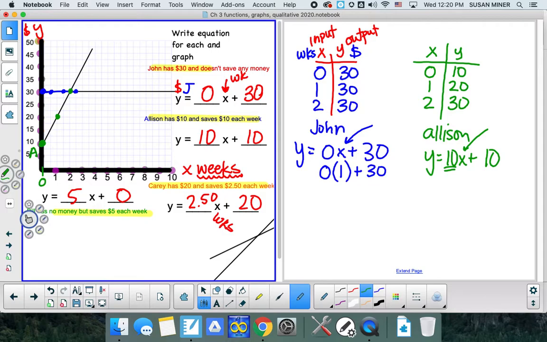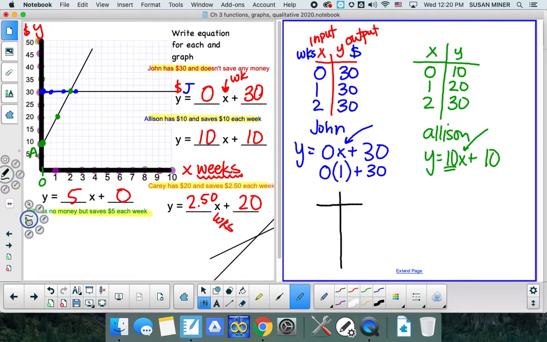All right, and then we want to do the same thing for Carrie. Here's Carrie's XY table. This will be for Carrie. And his equation is y equals 2.50 x plus 20.